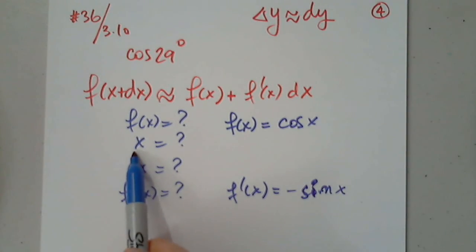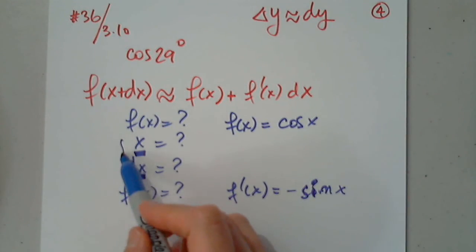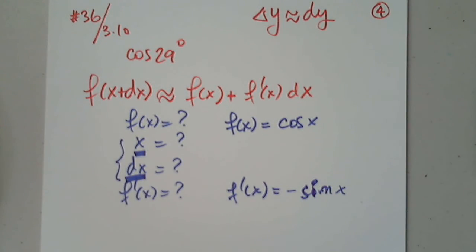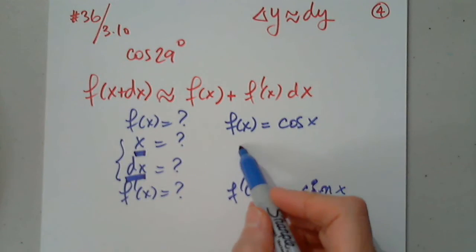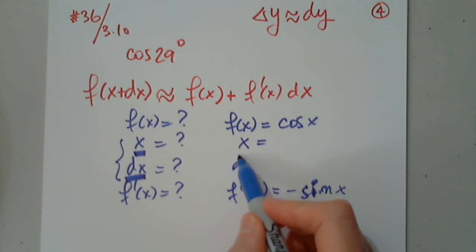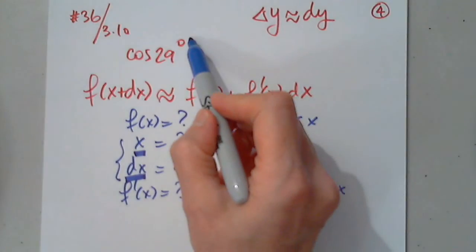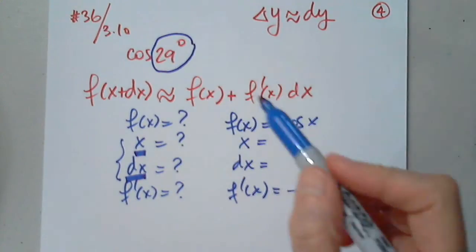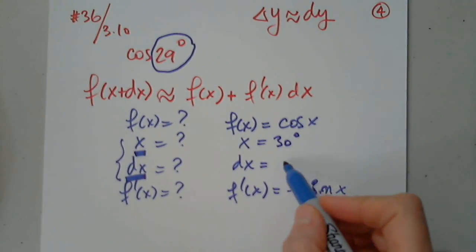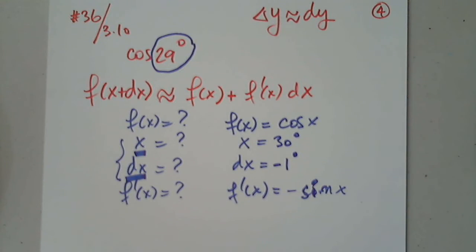Good, now let's identify x and immediately dx, because these go together. x equals 30. Very good. And dx equals negative 1.